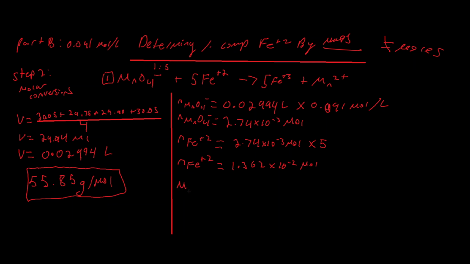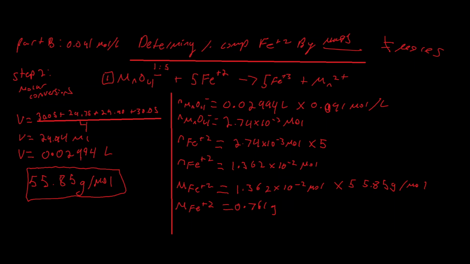So our mass of iron plus 2 is equal to the amount of moles we have times 55.85 grams per mole. And this comes out to 0.761 grams.